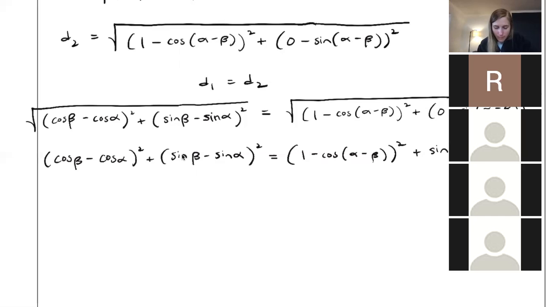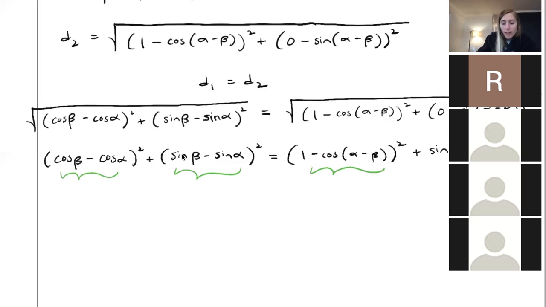Okay. We're going to make it look even more complicated right now, but it's not hard. It wasn't really complicated to get here. We're basically just going to multiply everything out. All the binomials that are squared, we're going to multiply all these bad boys out.